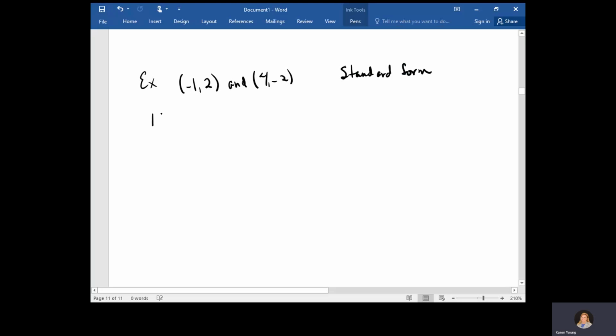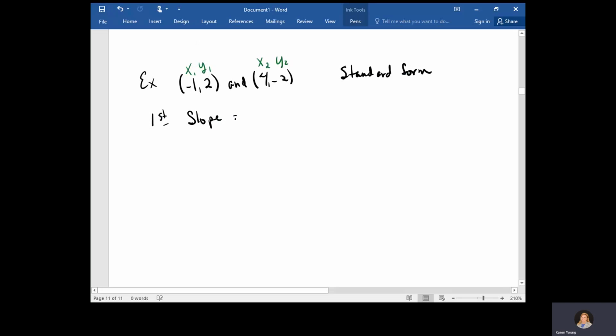But the first thing I have to do is find my slope. I can't do anything without the slope. So I'm going to label these so we can keep them straight. This is x1, y1, x2, y2.